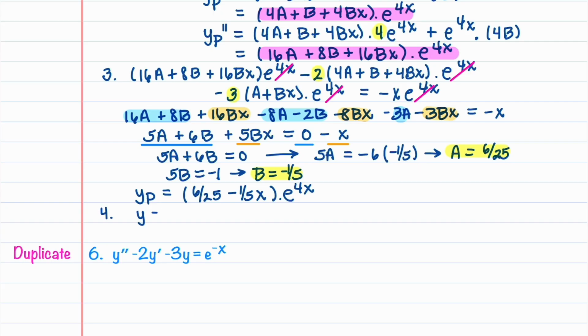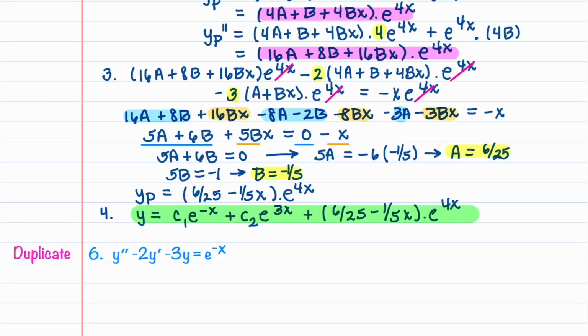Y is our homogeneous solution, c1 e to the minus x, c2 e to the 3x, plus our particular solution, 6 over 25 minus 1 over 5x times e to the 4x. And we did it without making any algebra mistakes. Just remember that you can always check your answer by plugging it back into your original equation.